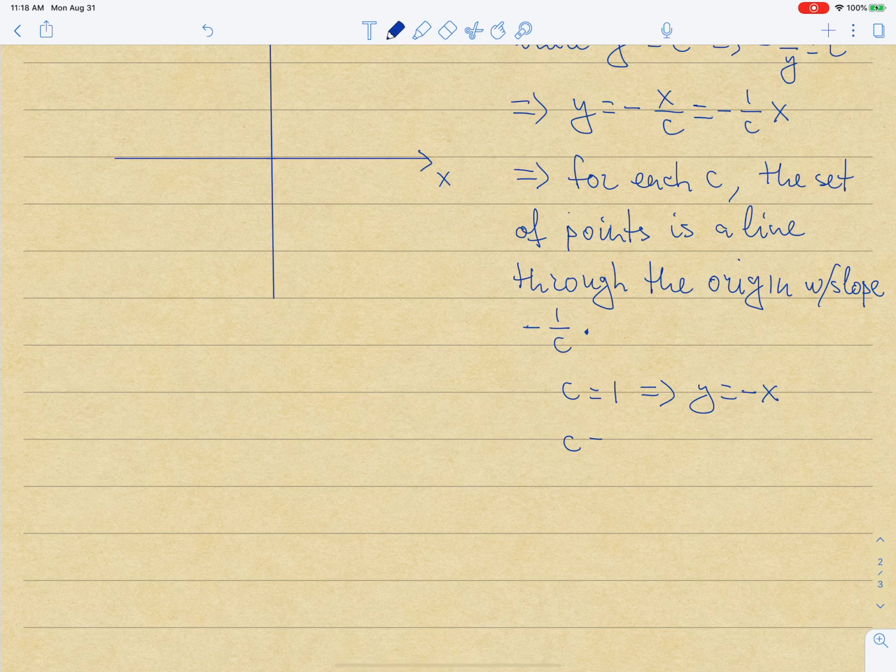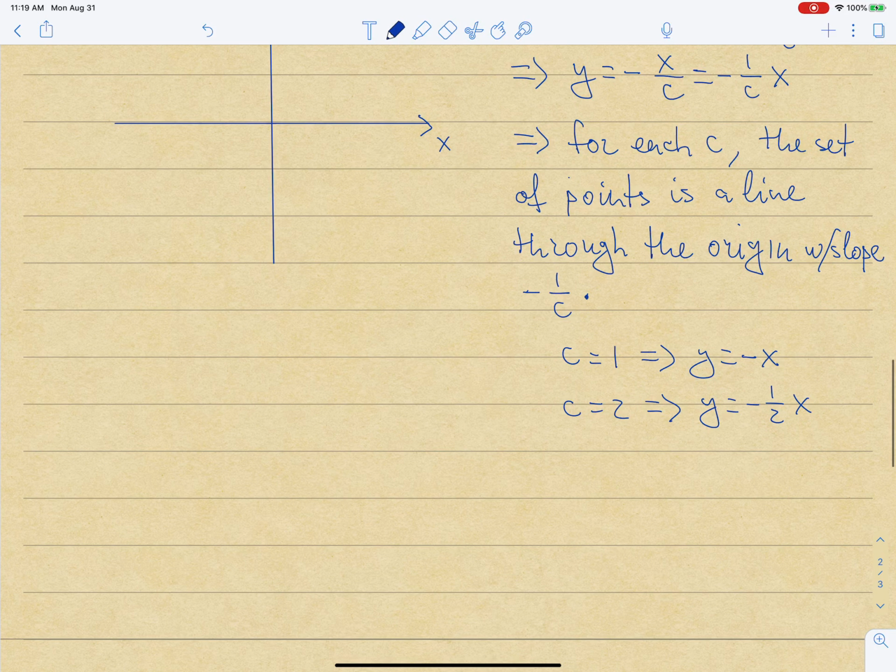If c is equal to 2, then y is going to be minus 1/2 x. If c is equal to 1/2, then y is minus 2x.